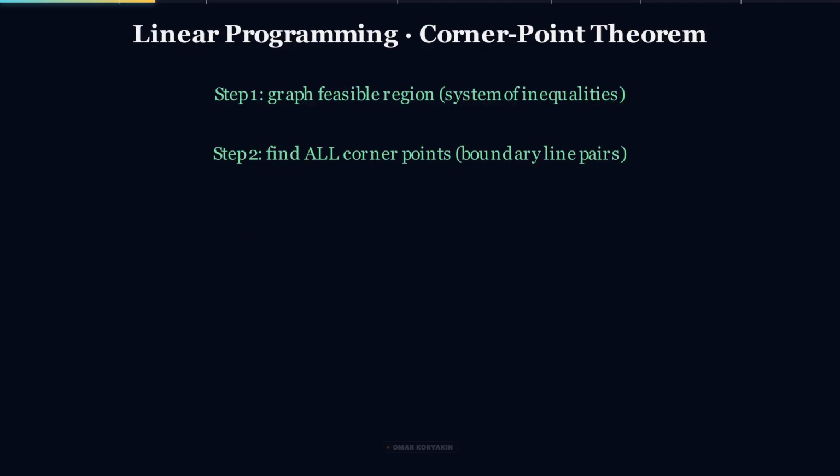Step 1 in the 4-step procedure. Graph the feasible region using the system of inequalities technique from the previous lesson. Each constraint contributes a half plane, and the feasible region is the intersection of all the half planes. Draw the boundary lines, shade the intersection, and outline the polygonal feasible region clearly.